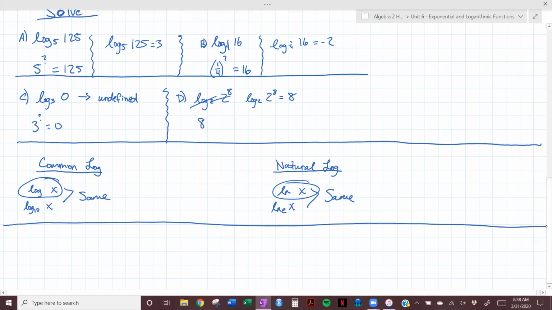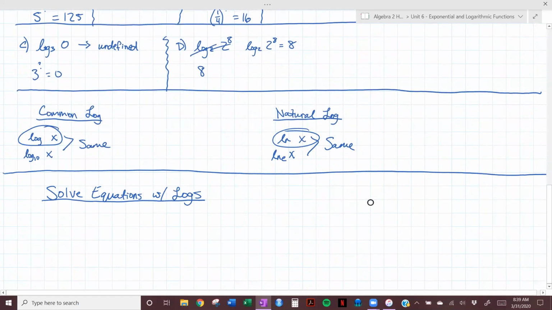All right, so now we're going to solve equations with logs. For letter A, we have 25 equals 10 to the x minus 1.